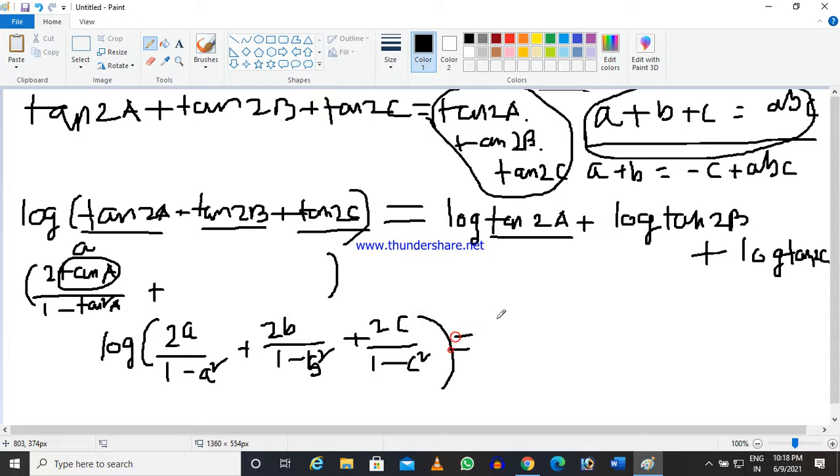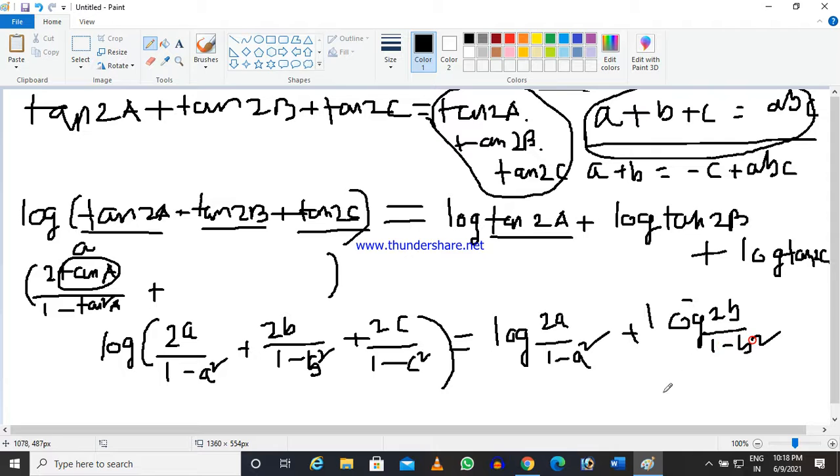is equal to log 2a by 1 minus a square plus log 2b by 1 minus b square plus log 2c by 1 minus c square.